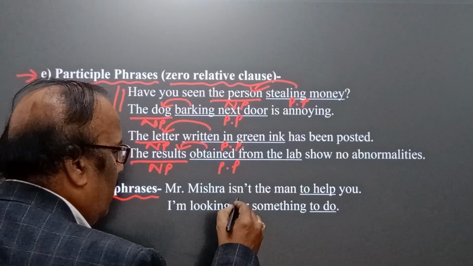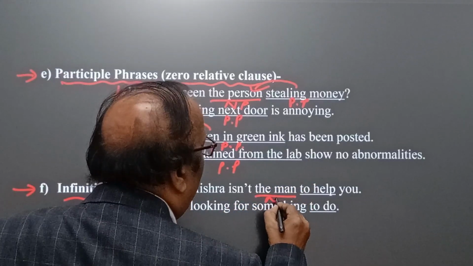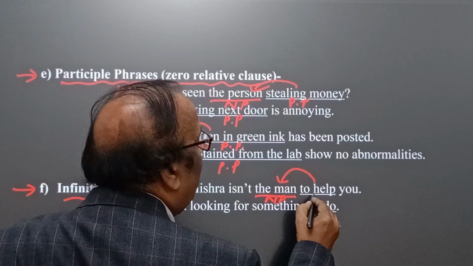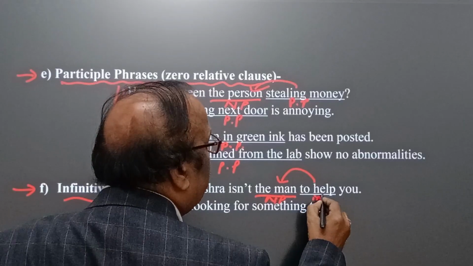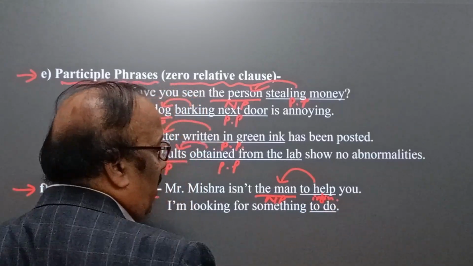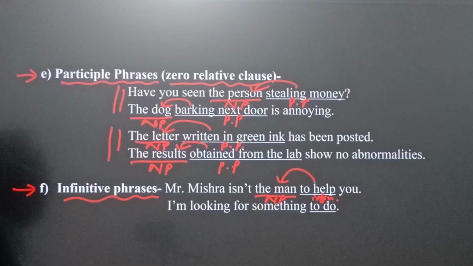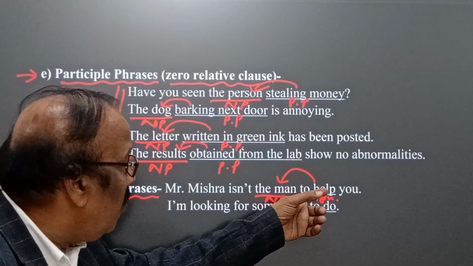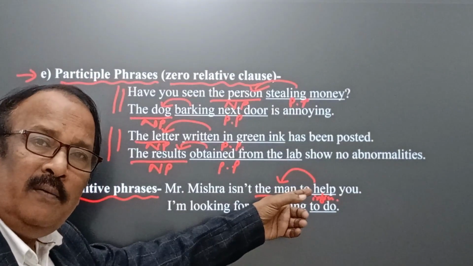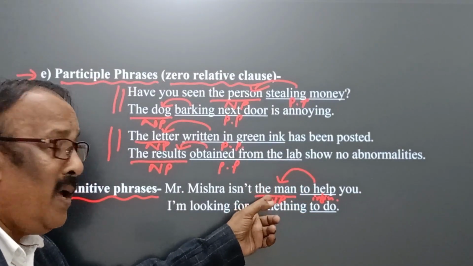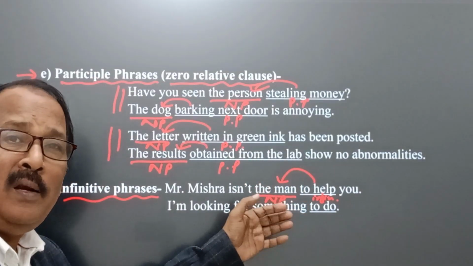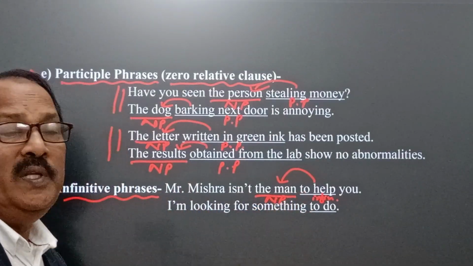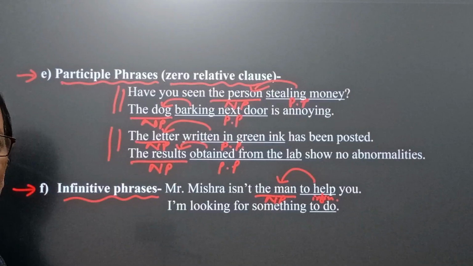Here the man is the noun phrase, and to help is the to-infinitive. So the man to help you. You see how to help, the to-infinitive, qualifies or modifies the man, which is a noun phrase, and to help is here the post determiner.